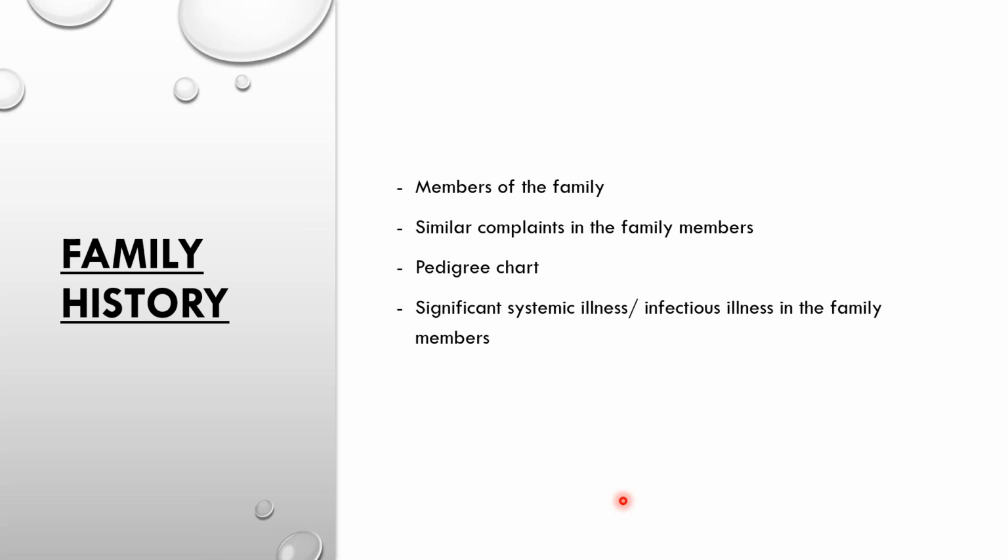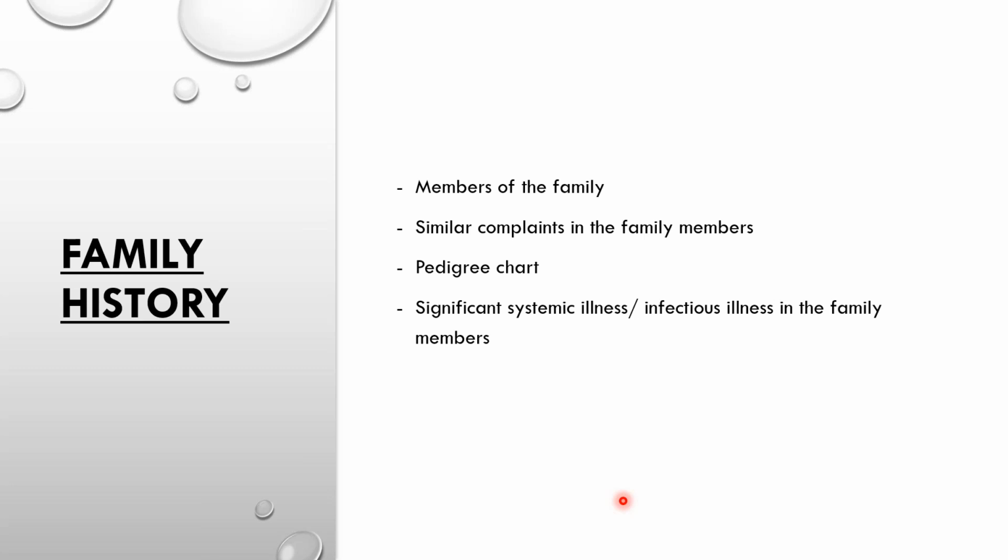And if you ask them about systemic or infectious illnesses in the past in their family, that could tell you, for example, that a person whose father is a diabetic has more chances that, if it's a young patient now, eventually over time they might develop diabetes later in life. Or if the parents were hypertensive, then there are chances that the kids would also eventually be hypertensive. So you have to advise them for lifestyle changes and be on the lookout for all these things.